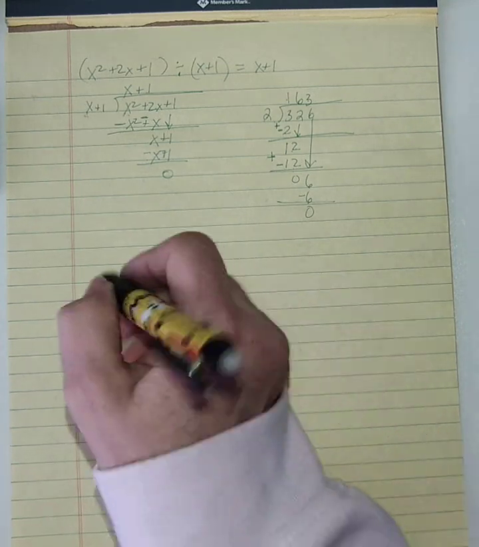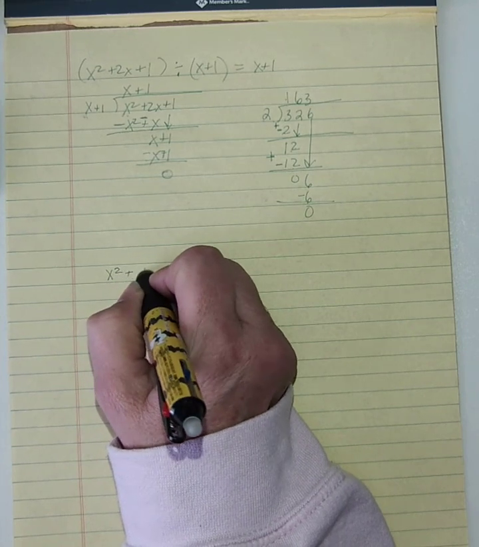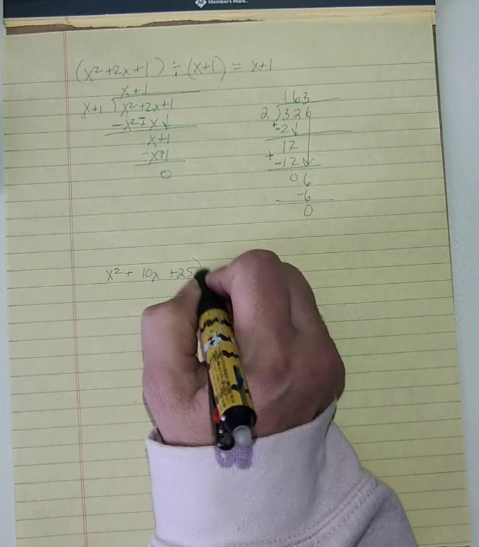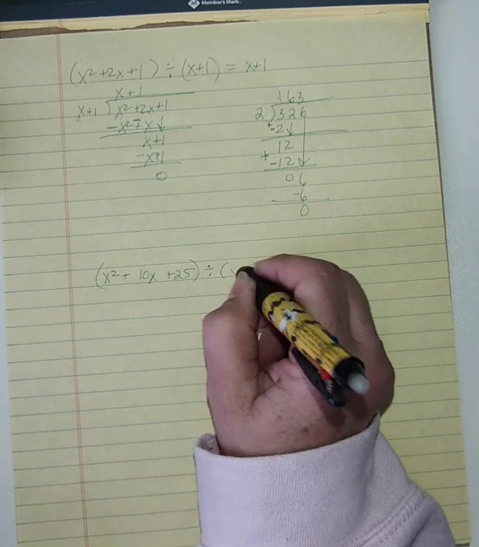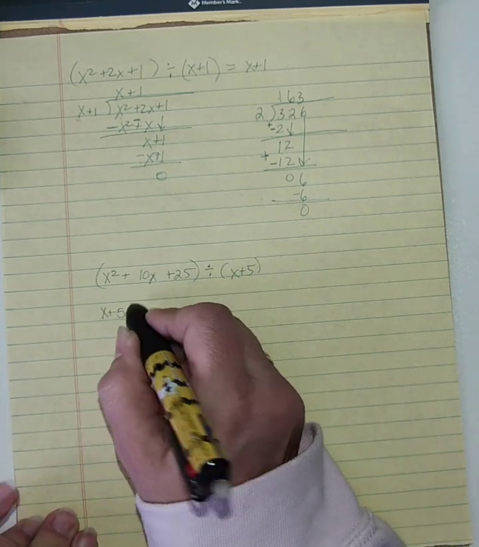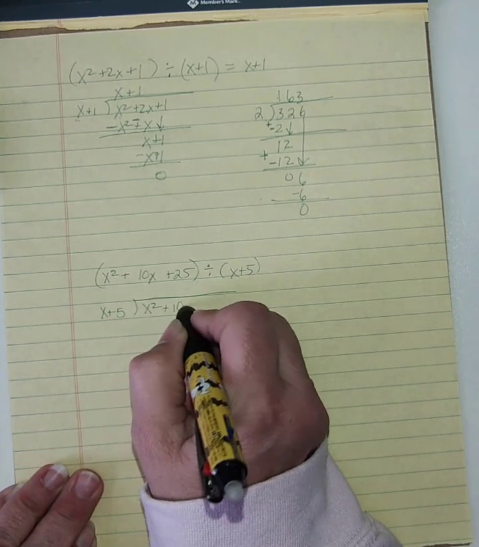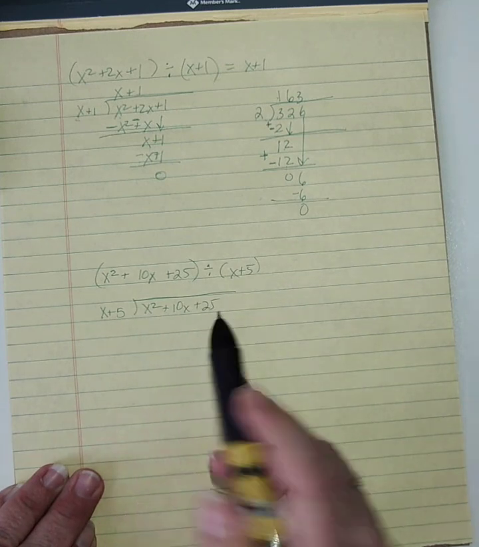Let's look at another one. If I had x squared plus 10x plus 25, and I'm going to divide that by x plus 5. So I put that outside the house, x squared, 10x plus 25. I don't need a placeholder because I see 2, 1, and no x's.